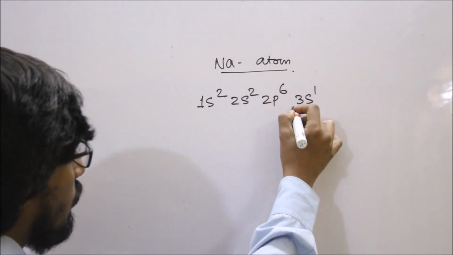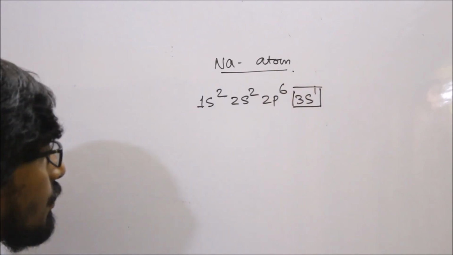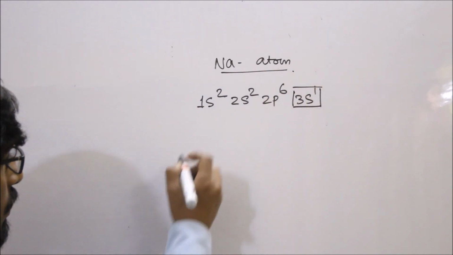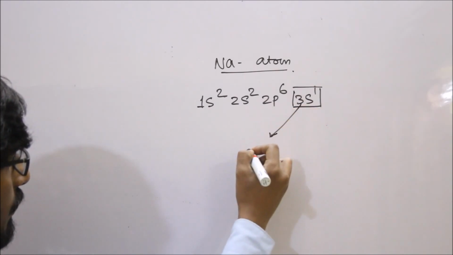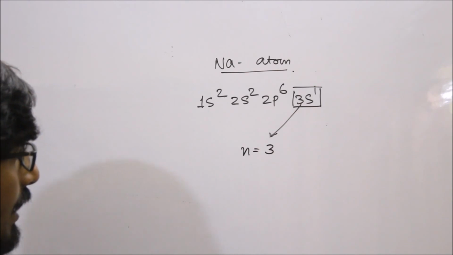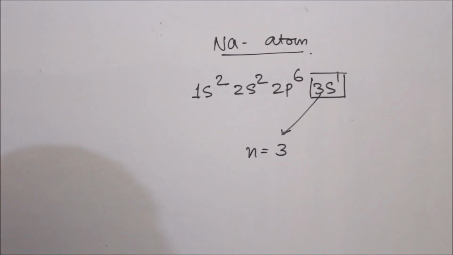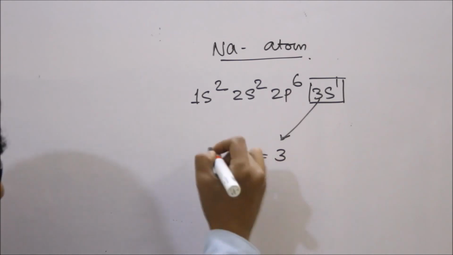Now we have to find out the set of quantum numbers of this electron. Here the principal quantum number n equals 3. In case of s orbital, the value of l will be 0.